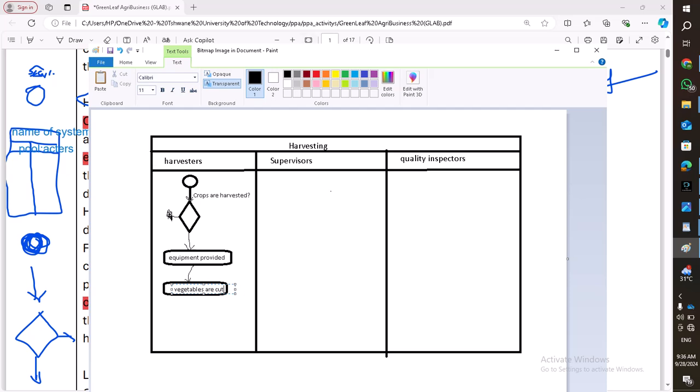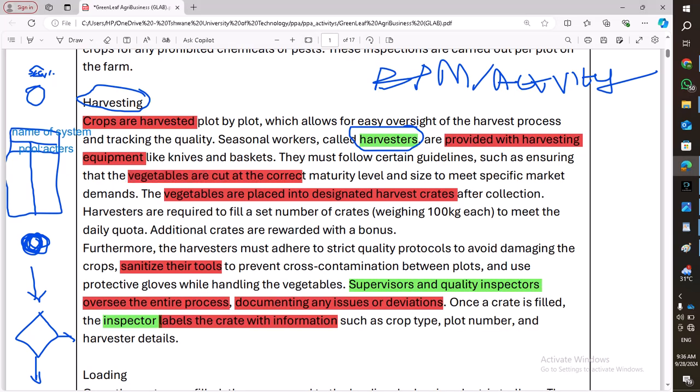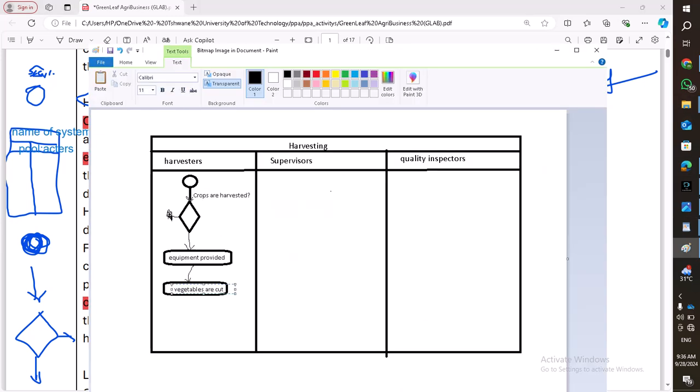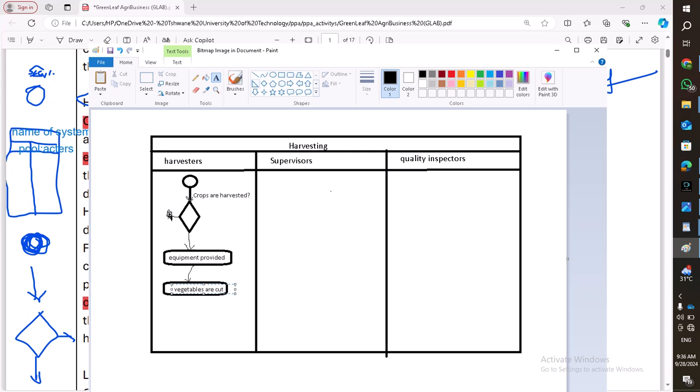After cutting the vegetables, what they have to do is place vegetables into the harvest tray. I think this is too long now. I should make it two or three weights, not more than four weights. So I'm coming back here. This is another task to be done.